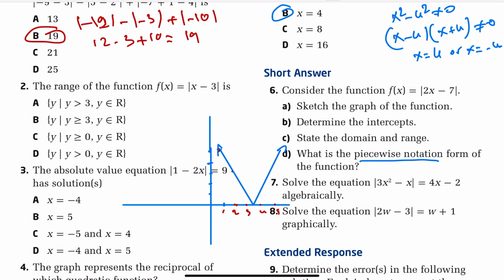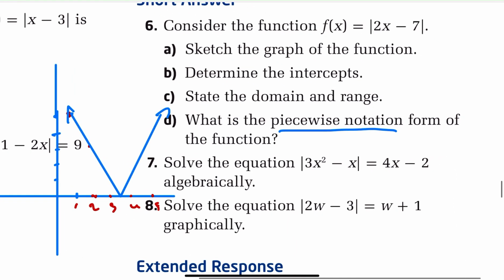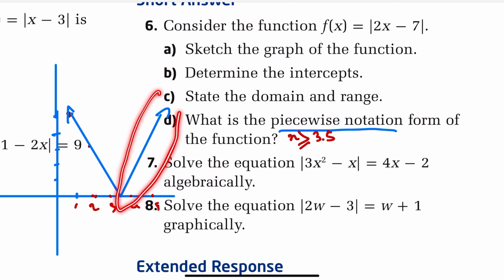So for the function, if we have x greater than or equal to 3.5, like this section of the graph, y is just 2x minus 7 without the brackets.